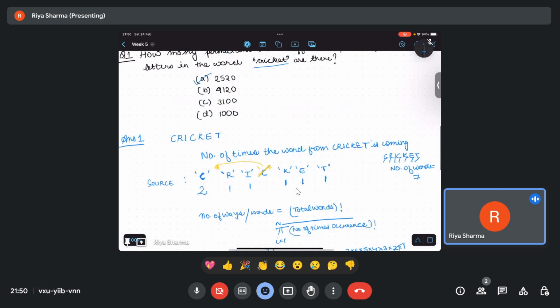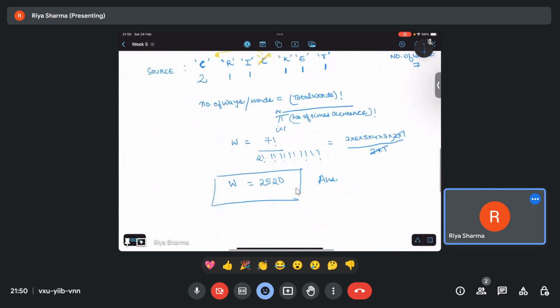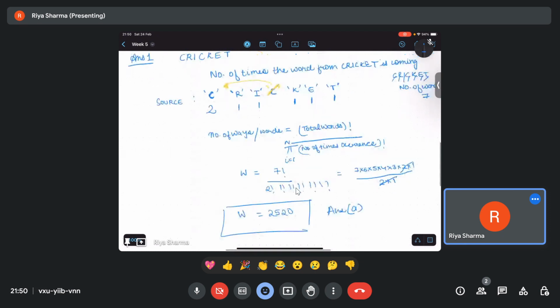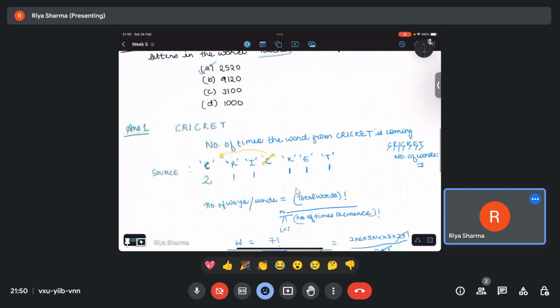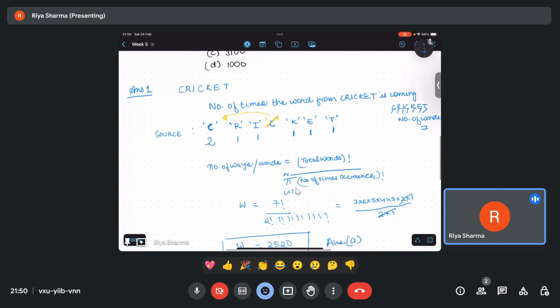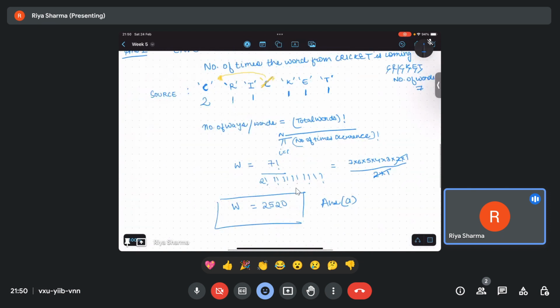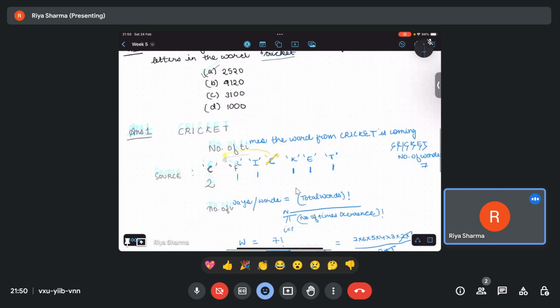So the answer is A. What we did is, you should always know what the question is asking. They are asking the number of words, so count the number of times each letter appears. CRICKET has 2, 1, 1, 1. Total number of words divided by that is the logic behind it.